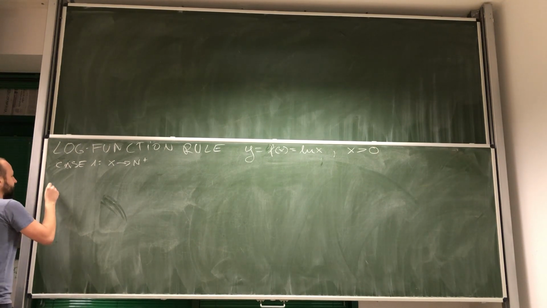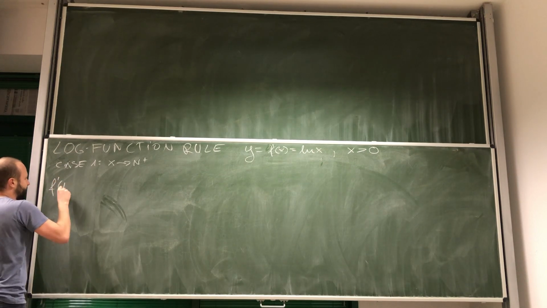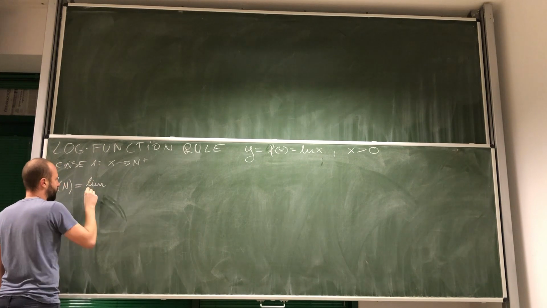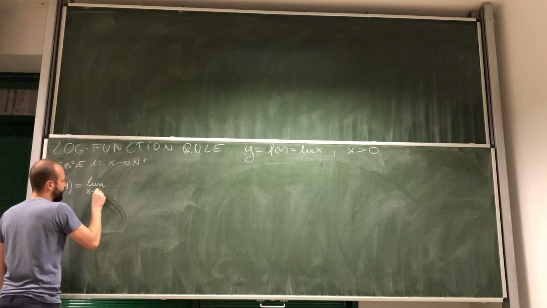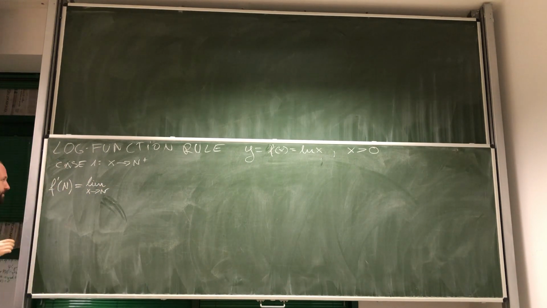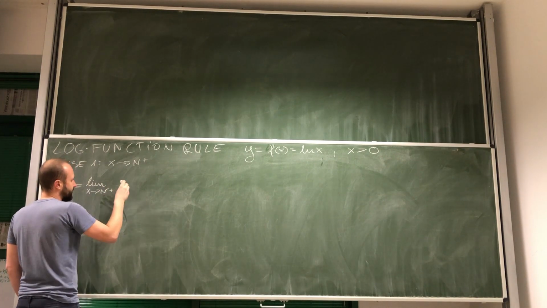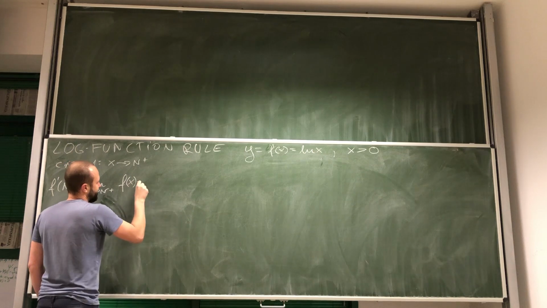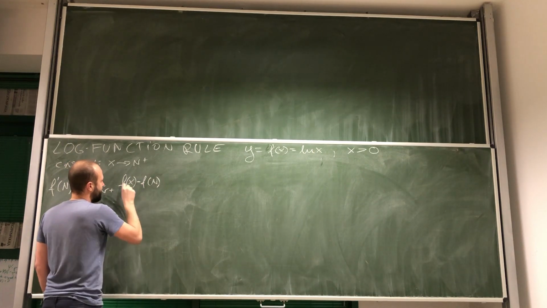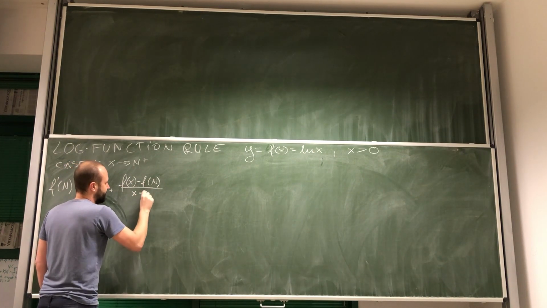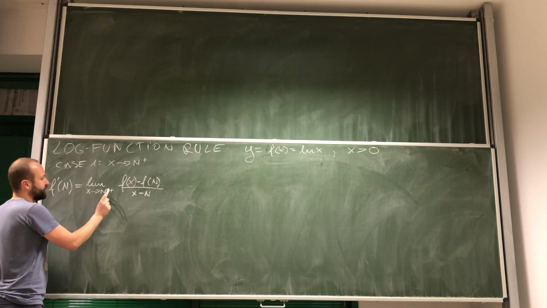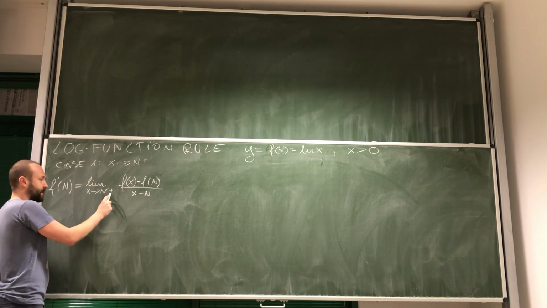We're going to look for the derivative, so f prime of n is equal to the limit with x approaching n from the right hand side of the difference quotient, f of x minus f of n over x minus n.